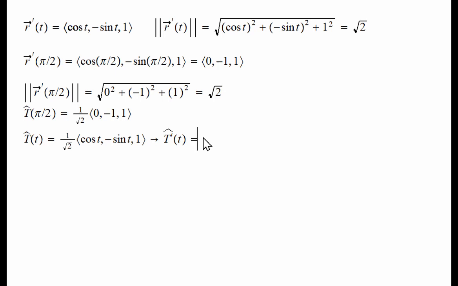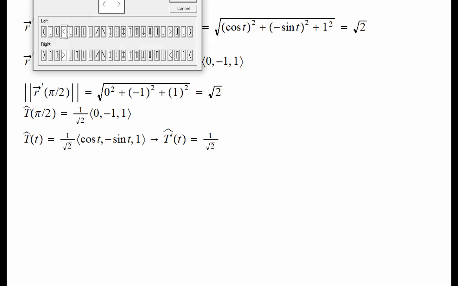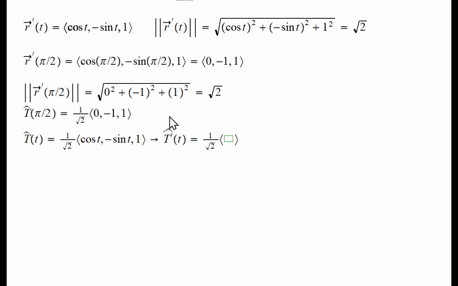This constant stays as it is, and then we have negative sine t as the derivative of cosine t, then negative cosine t, and the third component would be 0.